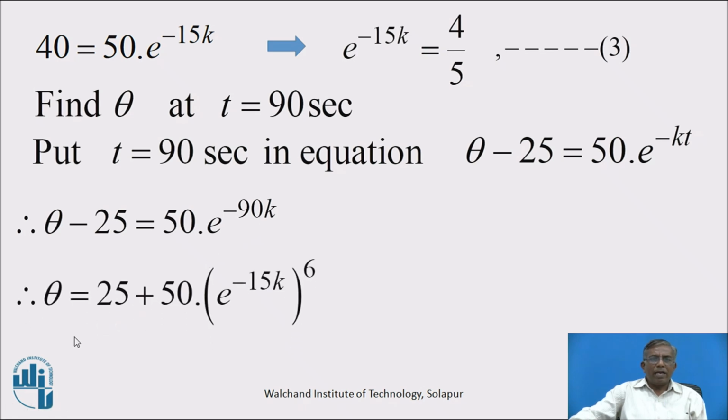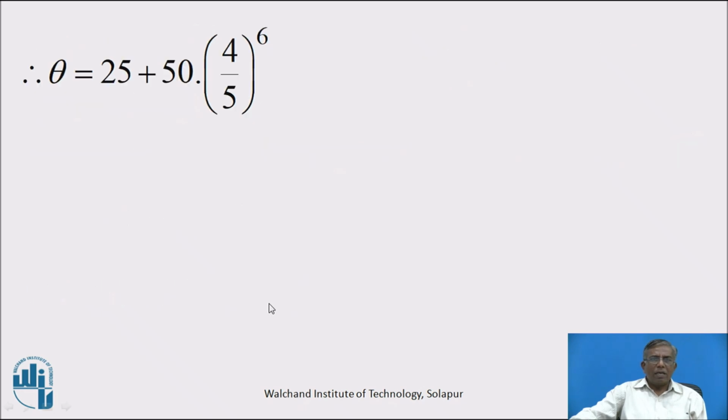From this we get theta equal to, taking minus 25 to the right side, it becomes 25, plus 50 into bracket e power minus 90k, which can be written as e power minus 15k bracket raised to 6. This is by using laws of indices.